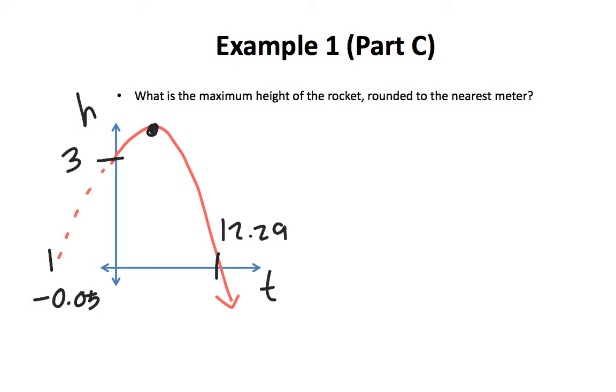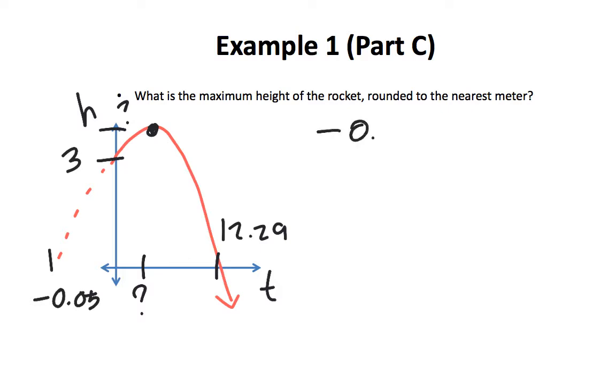Our strategy should be to find the x-coordinate of the vertex, then sub it back into the original equation to find the y-coordinate of the vertex. You can find the x-coordinate of the vertex using two different methods. You can take the x-intercepts, add them up, then divide by 2. So I'm going to do that.